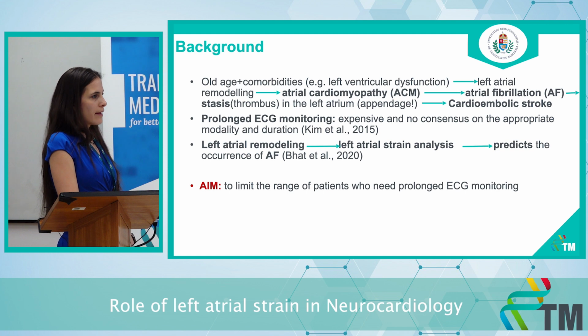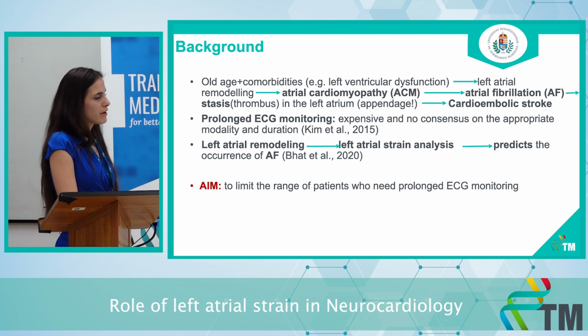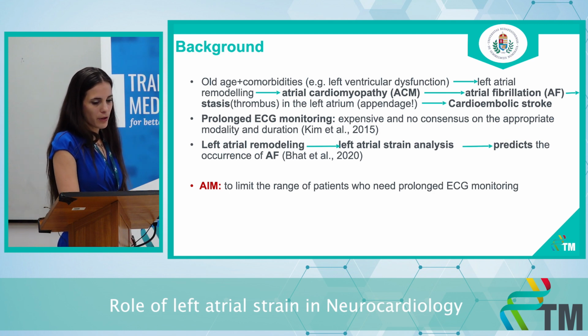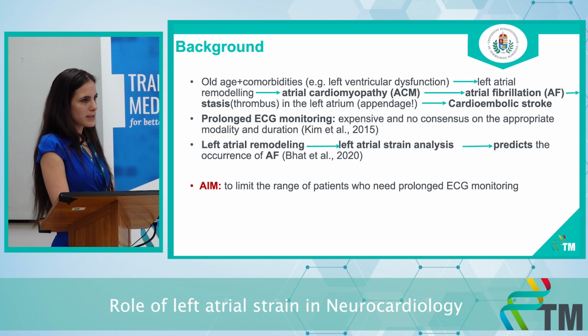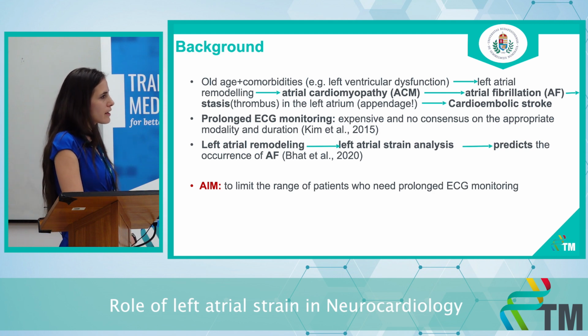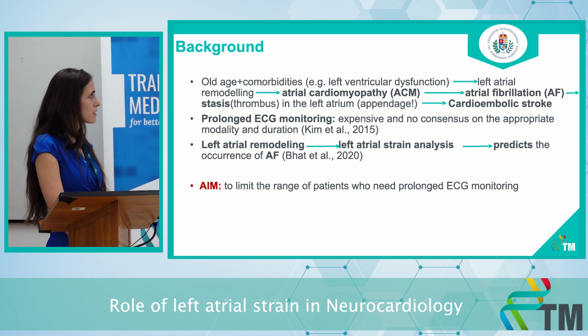Until these days, the gold standard method of diagnosing atrial fibrillation is prolonged ECG monitoring, but it's very expensive, and among cardiologists there is no clear consensus on the appropriate modality and duration of this monitoring.